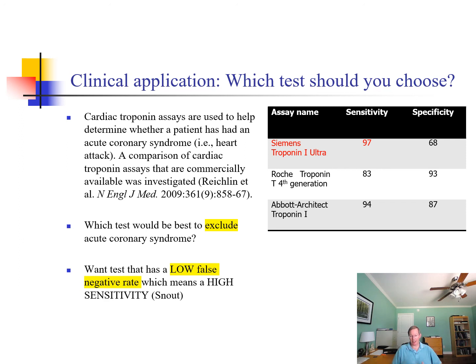High sensitivity is to rule out. So I hope that this is helpful in trying to understand something about how physicians will select tests to make it more or less likely that the person that they're examining has or does not have a disease. We'll talk in more detail about how to interpret these things the next time.